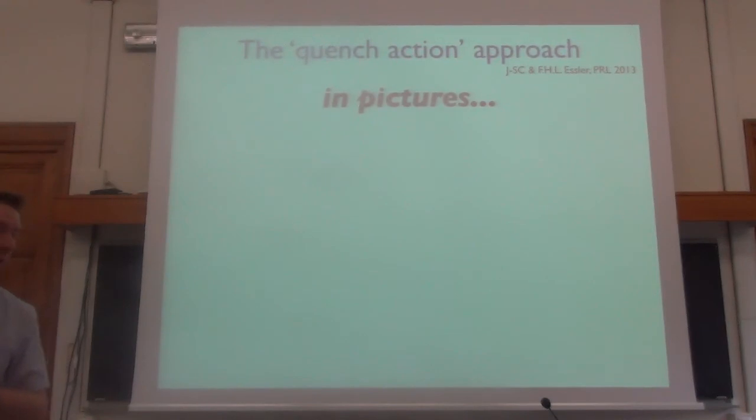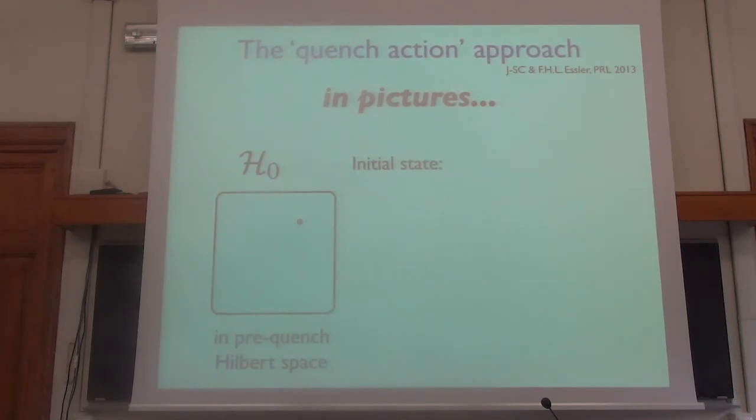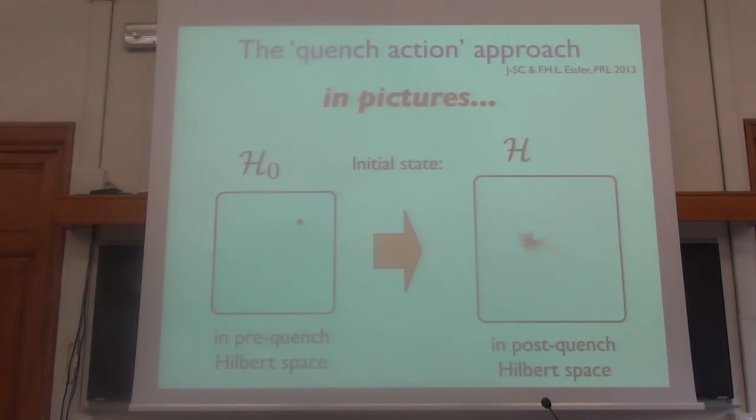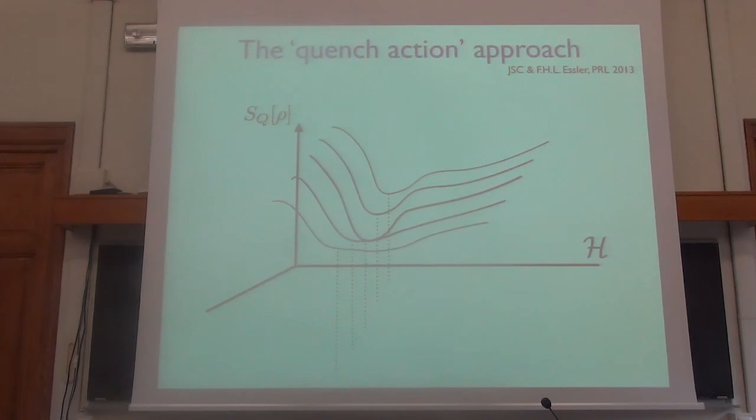So since you've seen thermodynamic Bethe ansatz, a Yang-Yang formalism, I can explain that to you very, very briefly. The idea is that you consider the initial state in the Hilbert space of the pre-quench or the post-quench Hamiltonian. The post-quench Hilbert space, so this is the same quantum state, just expressed here as a linear combination of eigenstates in this Hilbert space here. So there's a distribution of weight all over the place. Now the point is that this defines for you a kind of pseudo-action functional.